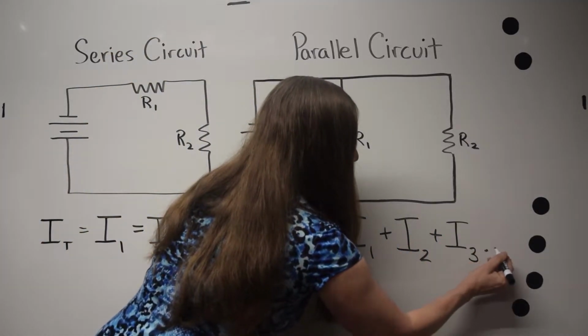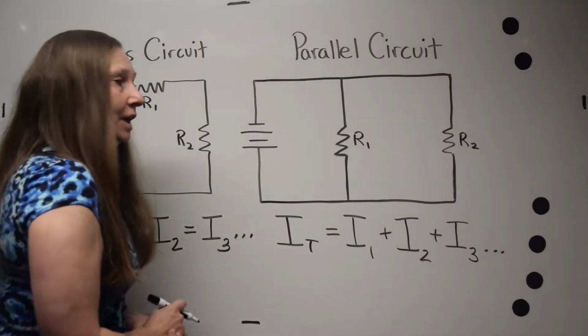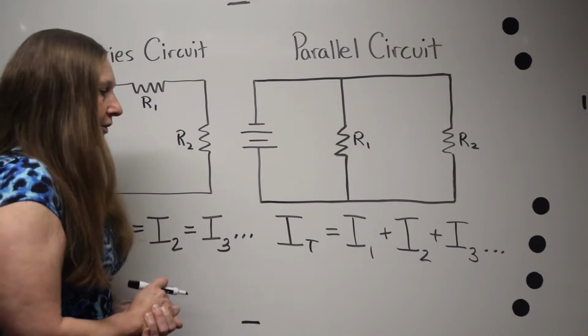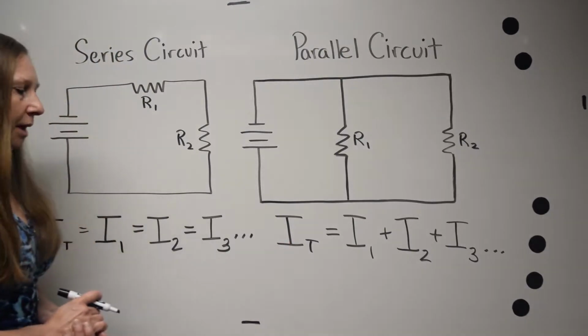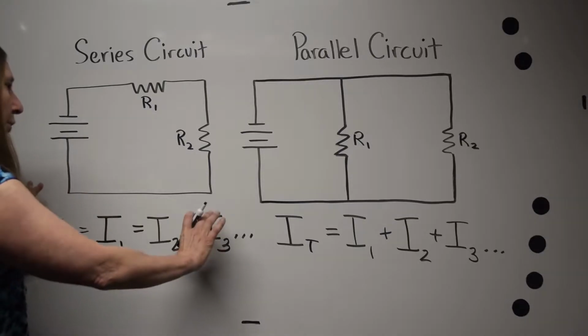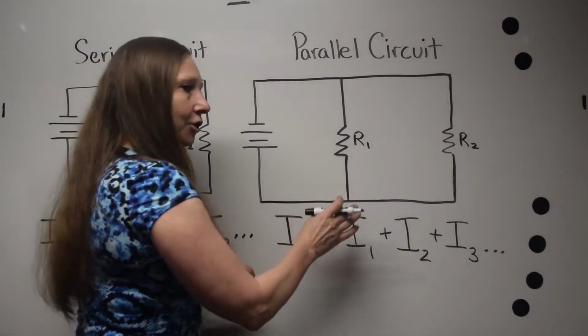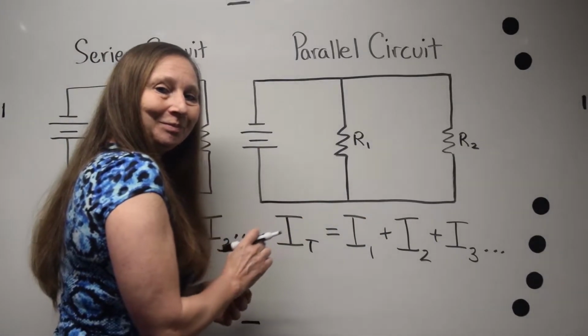You just add up all the currents to get the total current in a parallel circuit. Again, look and see what's equal in a series circuit are the currents. In a parallel circuit, you add them up.